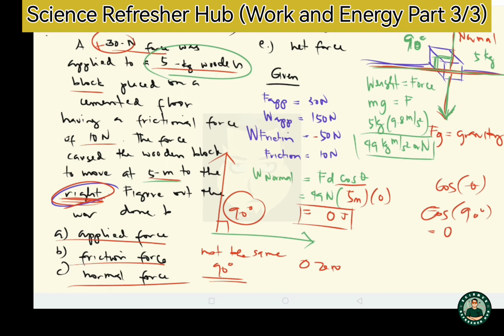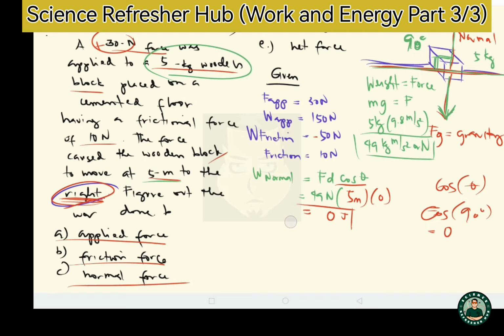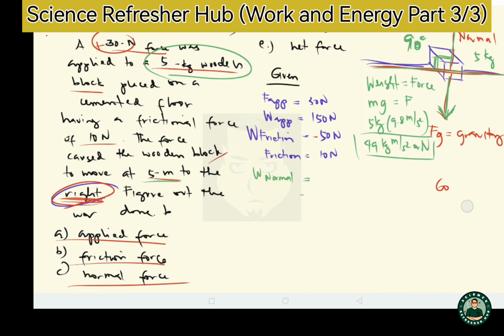No work done because the direction is not the same. Okay, I hope it makes sense. Next, we have this next force. For our normal force, the work done by the normal force is equivalent to 0 joule.